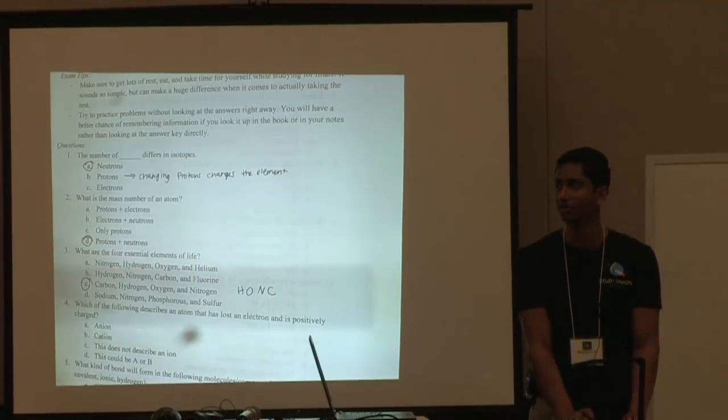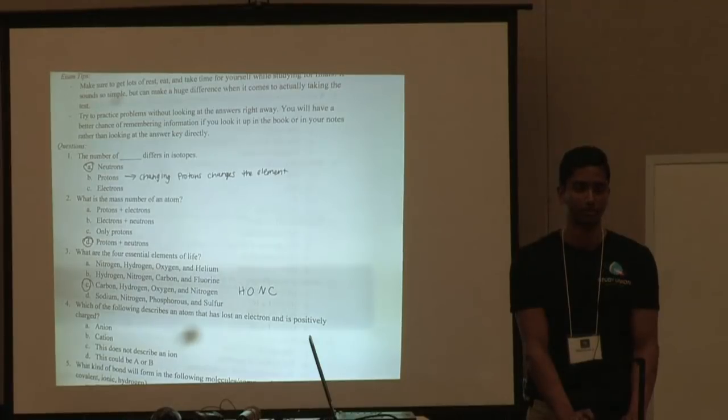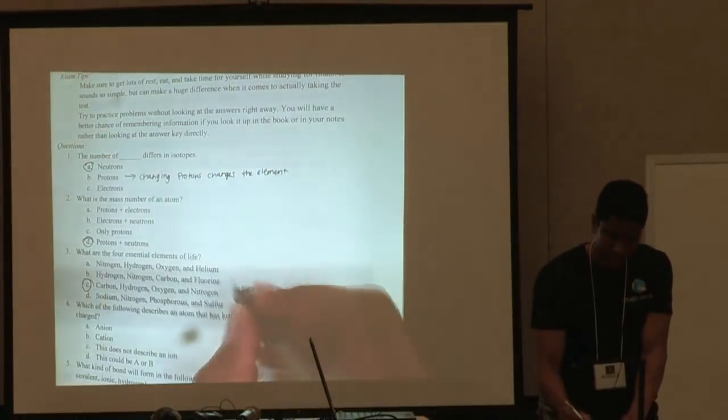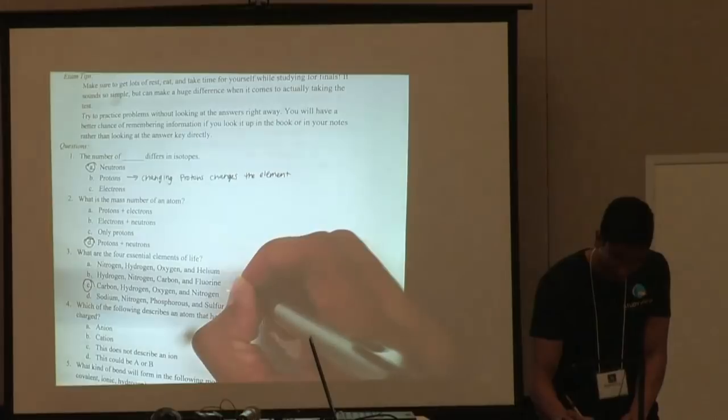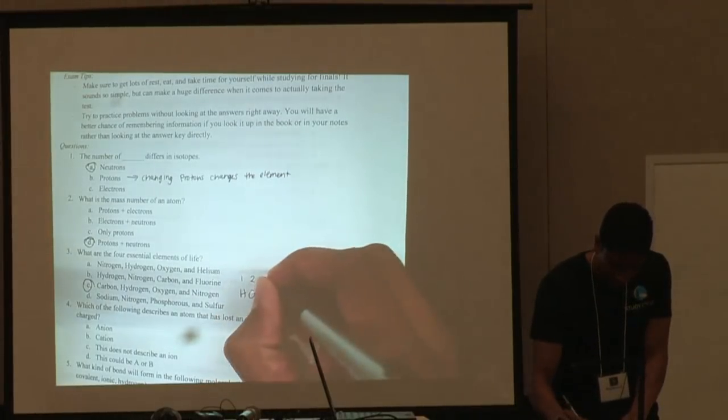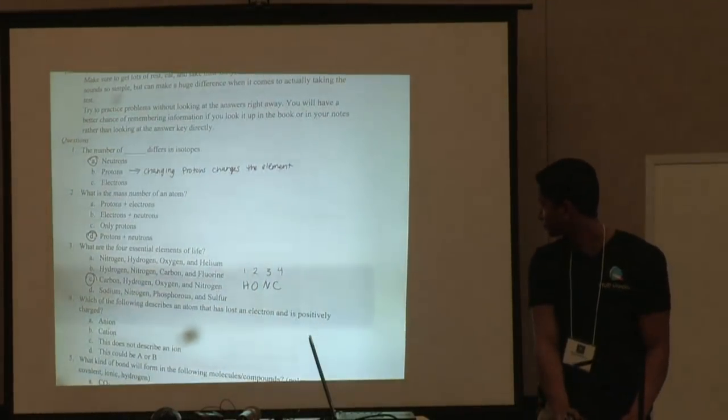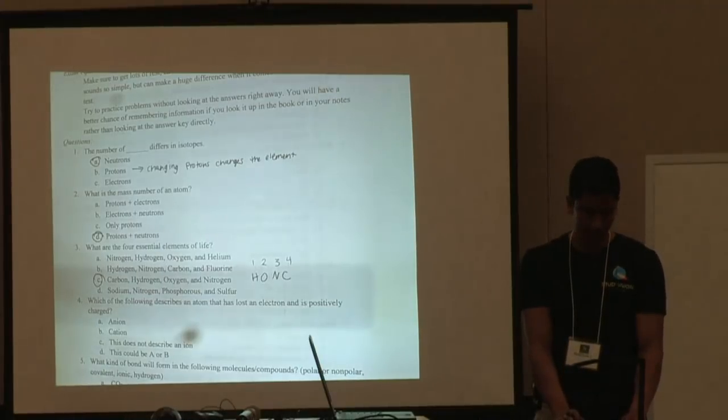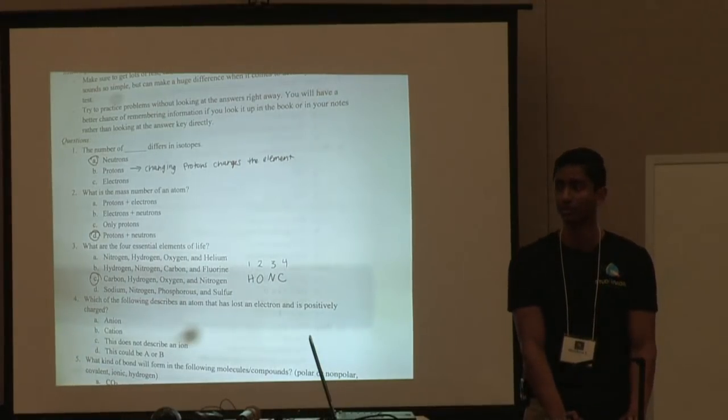It has to do with bonds. So you can find the number of bonds each of these forms with another element. So H is 1, O is 2, nitrogen is 3, carbon is 4. Everyone good so far?